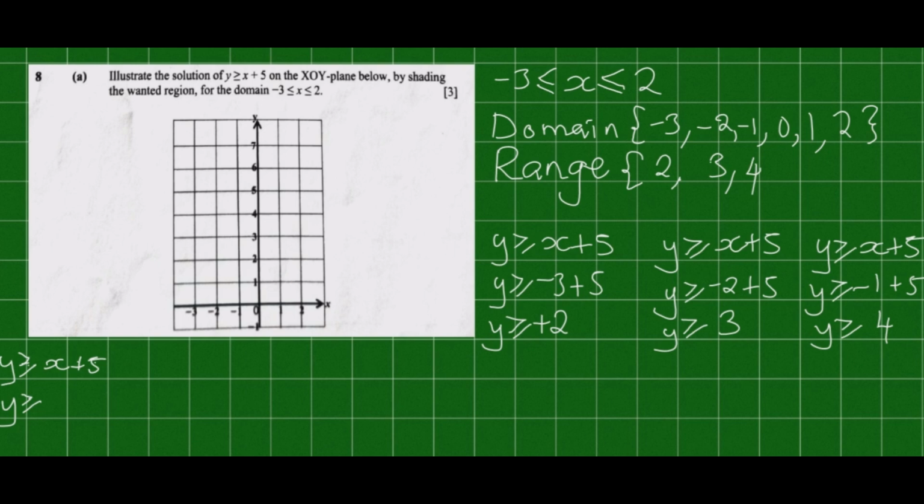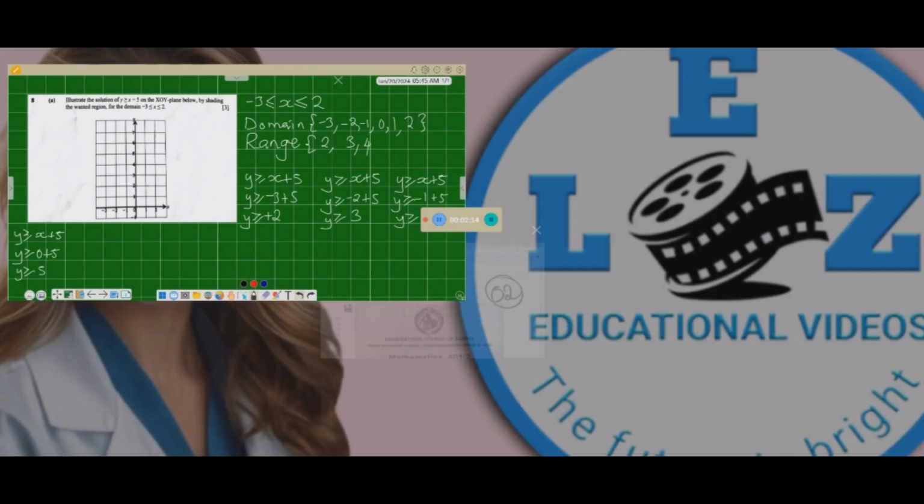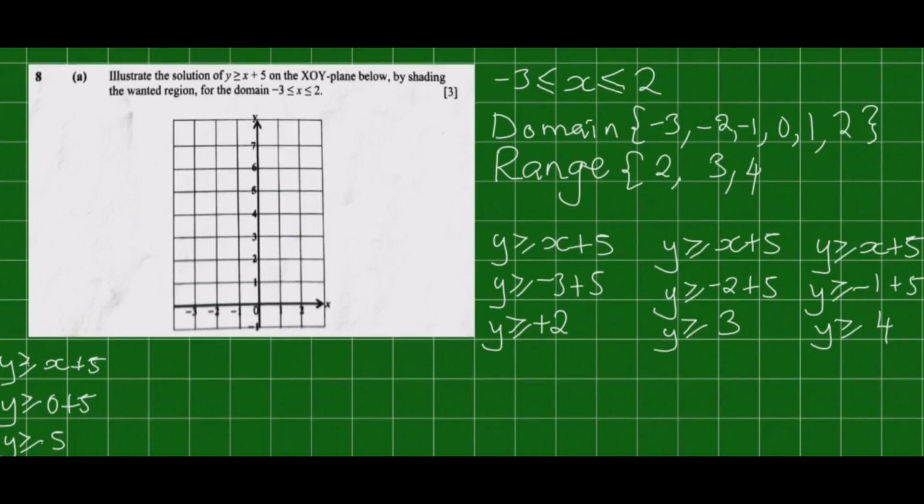So where there is x, we'll put 0 plus 5. Then we have y is greater or equal to 0 plus 5, which will give us 5, and that is the value.